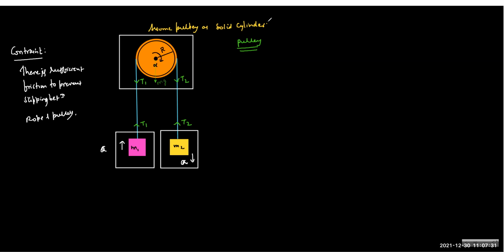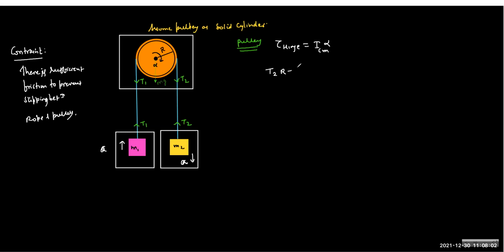So let's write the torque equation about the hinge. First write the torque and we can equate it with I into alpha, I_C into alpha. So how do we write this? What is torque about the hinge? If I assume that M2 is going down, it means T2 is bigger than T1, correct? Yes, sir. So what is the net torque about the center?